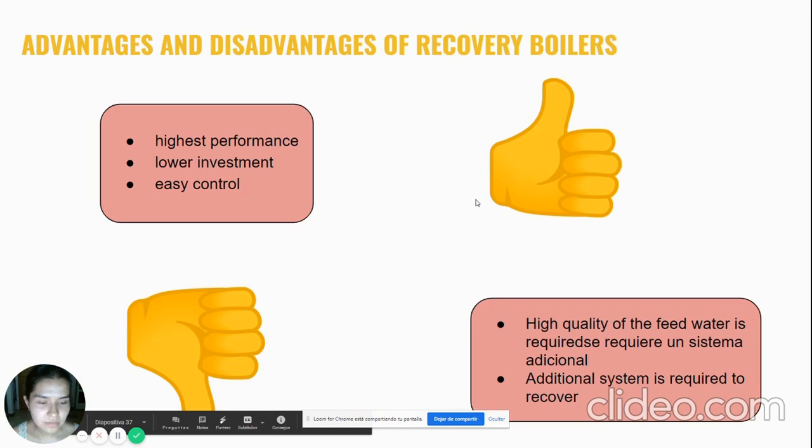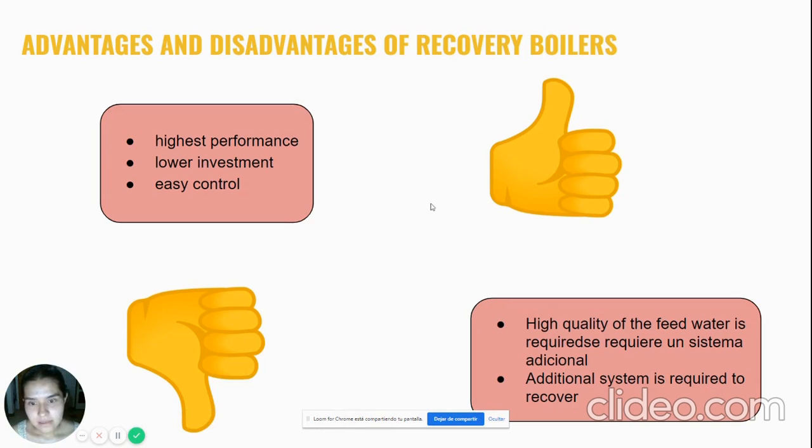The use of these recovery boilers has important advantages, among which we can mention: the heat exchange process in recovery boilers is one of the highest performance. Recovery boilers require a lower investment than other heat recovery systems because they don't have a fireplace with a burner. The control in this boiler is easy, based on demand and steam pressure.